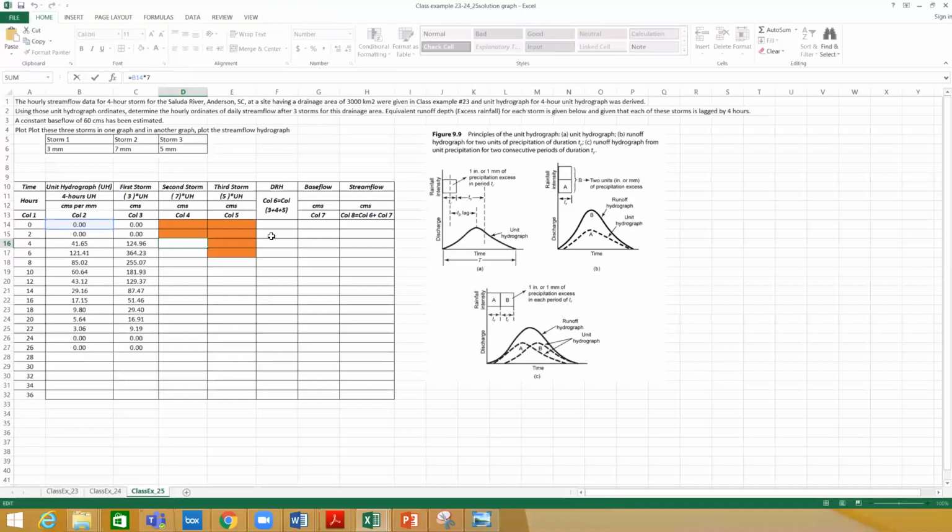This will be a common mistake when you do the calculation for your test or your homework. Some of you will use this column, that is not the right column. That is the first storm, and that is the unit hydrograph for this area. So we have to always use the unit hydrograph. Okay, so for this one, we are multiplying by 7, and if I do that, that is all the numbers. For the third one, it is 5 millimeter.